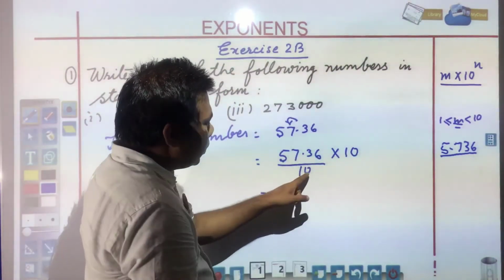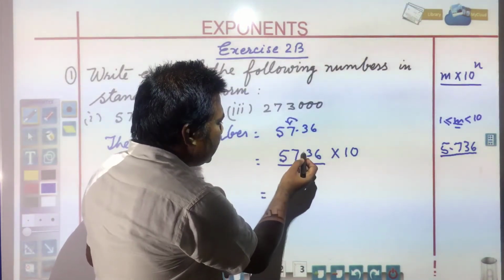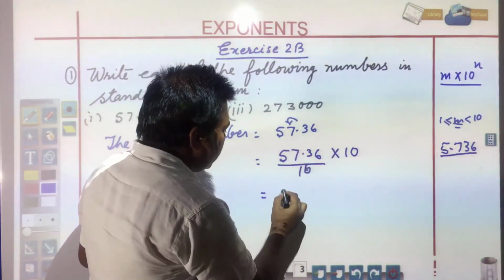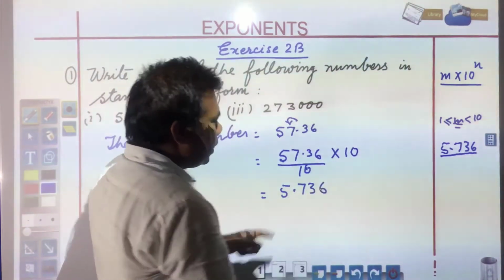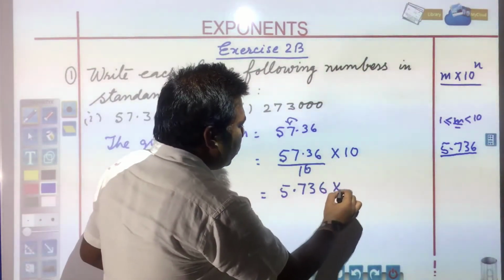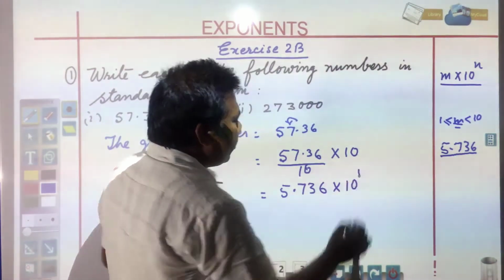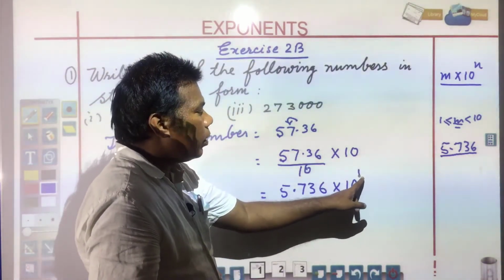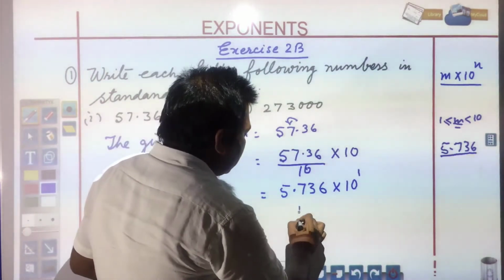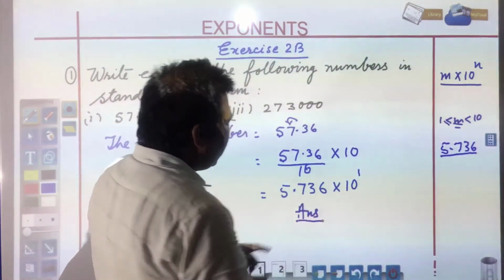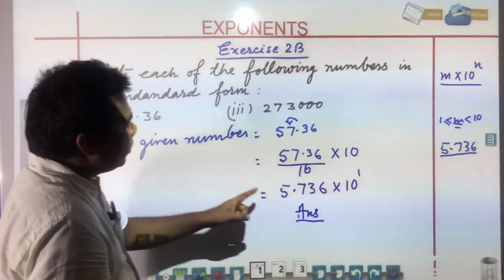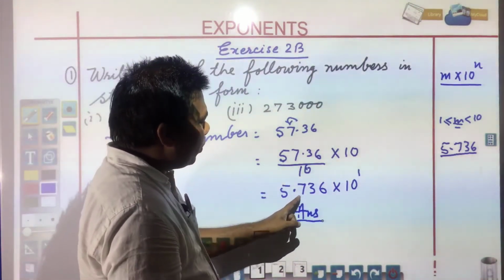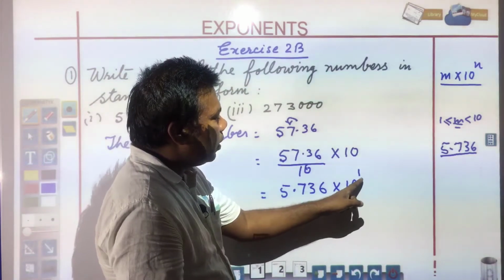Now, with this, the decimal will be brought over here, so this will become 5.736 into 10 to the power 1. If nothing is there, it means 10 to the power 1, and this will be your answer. This is how we have converted to standard form: the number 57.36 has been converted into 5.736 into 10 to the power 1.